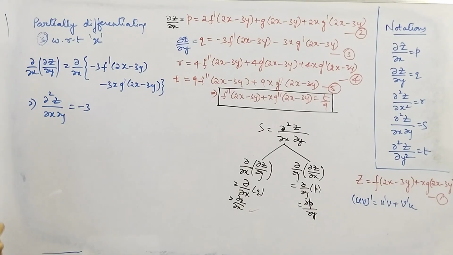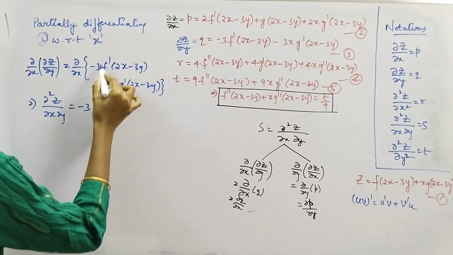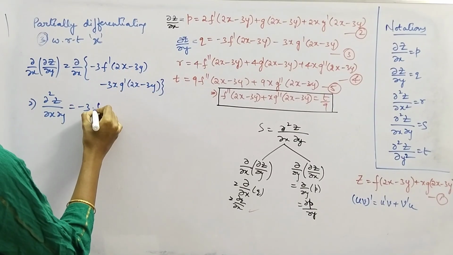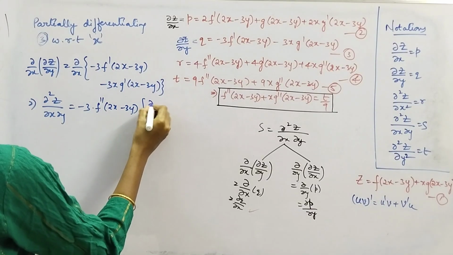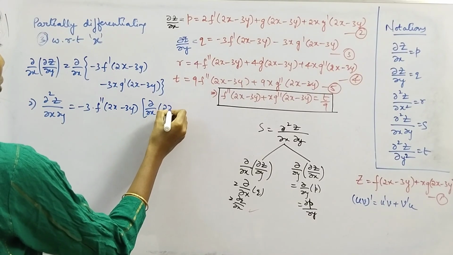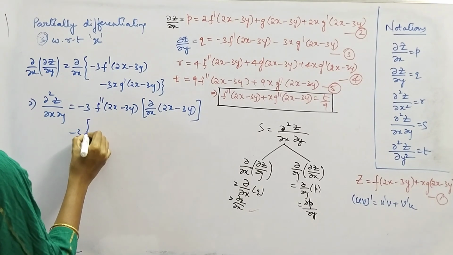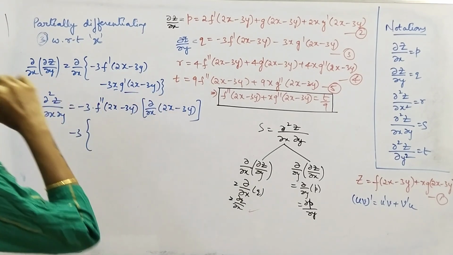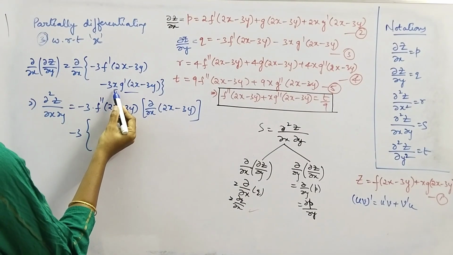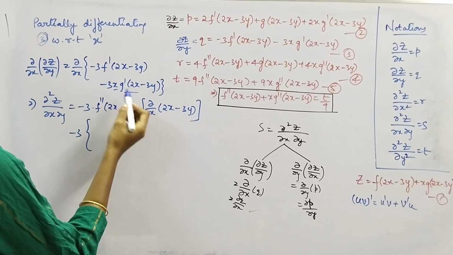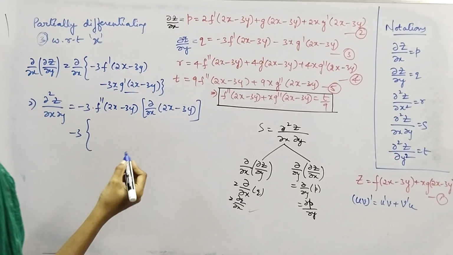are partially differentiating with respect to x, so we'll treat y as constant. The partial derivative of f' is f''(2x-3y) into the inner derivative, that is ∂/∂x of (2x-3y), minus 3 times, here you're having x and g', so we are going to apply the (uv)' formula. First we'll partially differentiate x with respect to x, and in the next term we'll partially differentiate g' with respect to x.